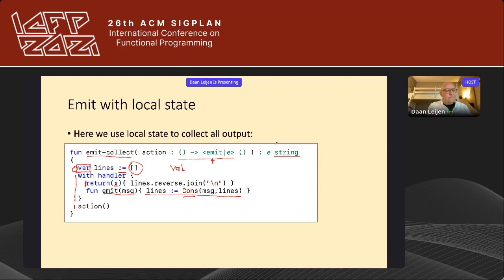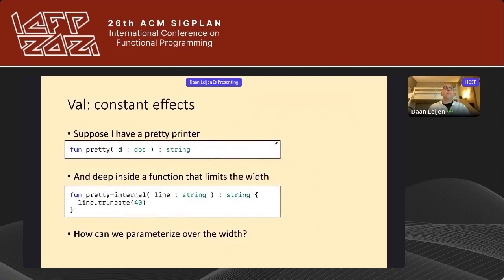Let me see. Yeah, it's almost time for the break. I'll take 2 more minutes to show some other cool things that effect handlers can do. I think this is cool work I did with Jonathan Brachthauser during his internship. It's a general question, right? Often you have global values that you want to think about. For example, in a pretty printer, you may have some particular width you want to restrict your output to, right?